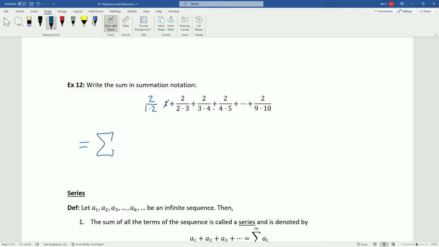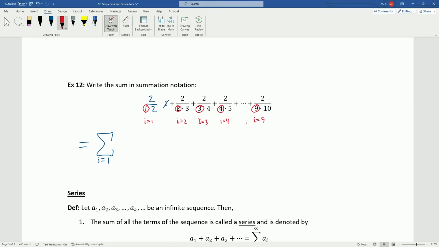So now instead of just listing all these things, we're summing all of these things from i equals 1 to, in this case... Let's figure out, if i is 1, what do we notice? First term, second term, third term, fourth term. So this must be the 9th term, right?